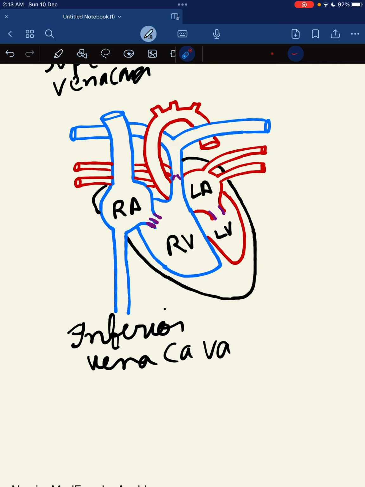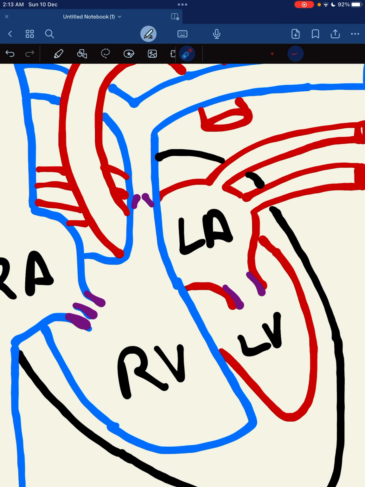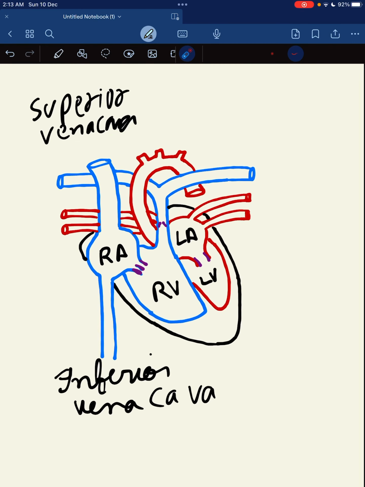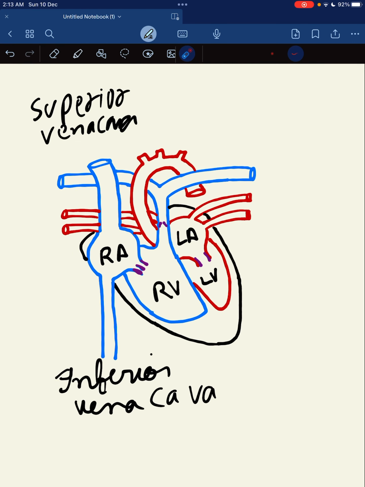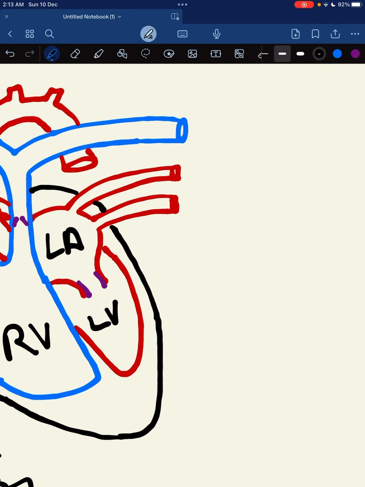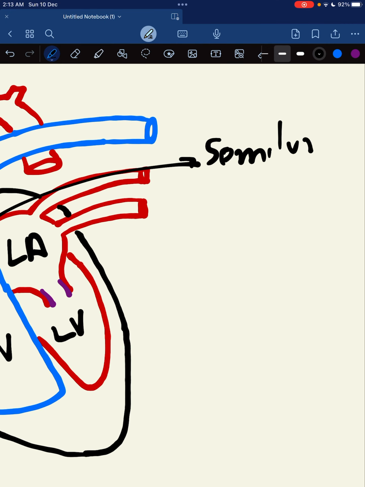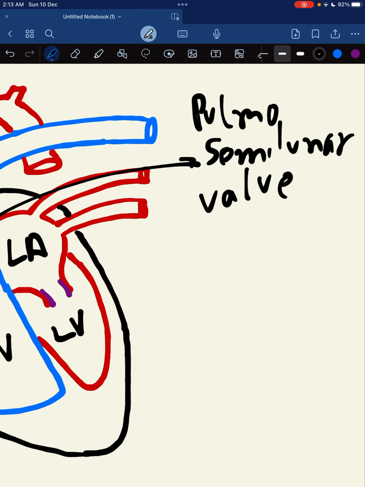Before that, there is also a valve here, known as the semilunar valve or pulmonary valve. Better to say the pulmonary semilunar valve.